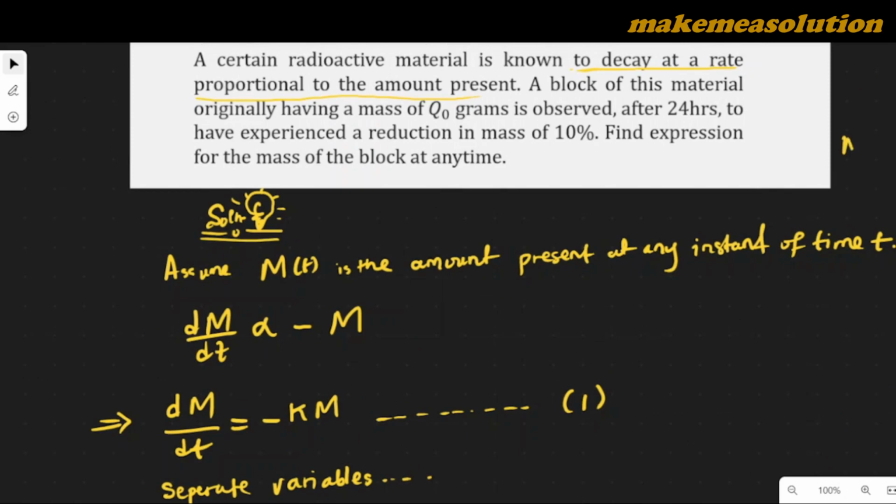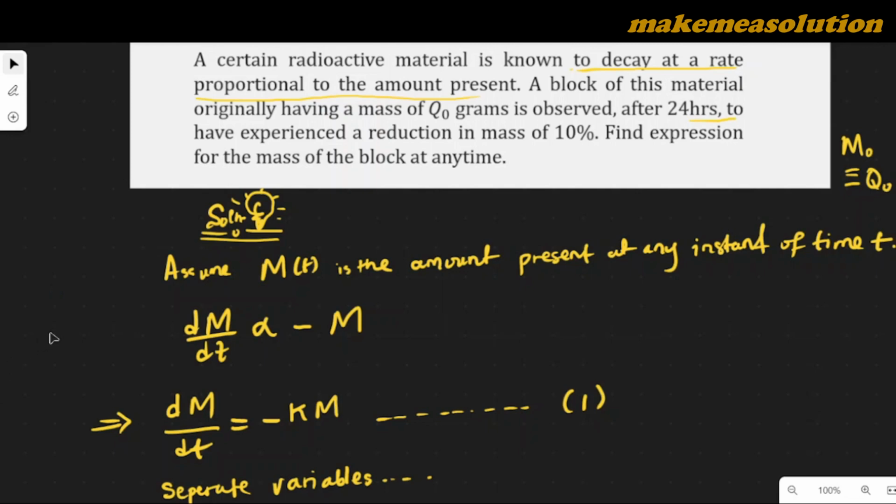Now I assumed my original mass to be m naught, so I can as well call m naught q naught. It's observed that after 24 hours, it has experienced a reduction of mass by 10%. So the unit of our time is in hours this time around.